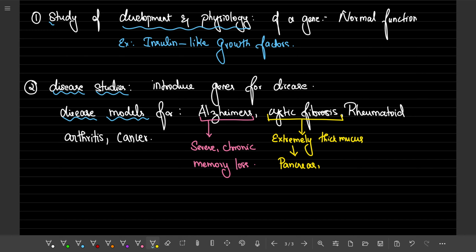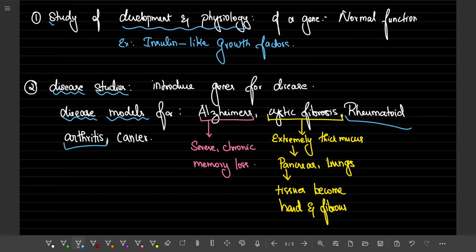This is going to be extremely thick mucus. Usually it would occur in pancreas, lungs, sometimes in the intestine. And it will turn the tissues hard and fibrous eventually. That is called cystic fibrosis.